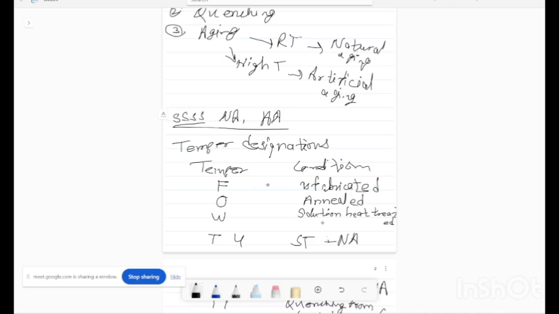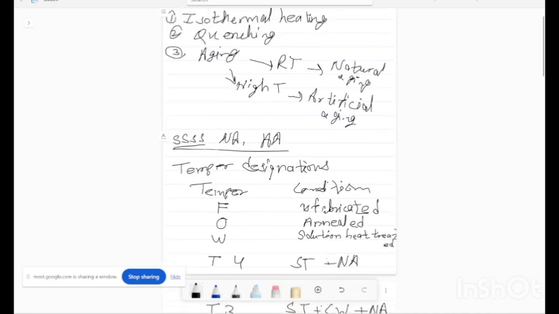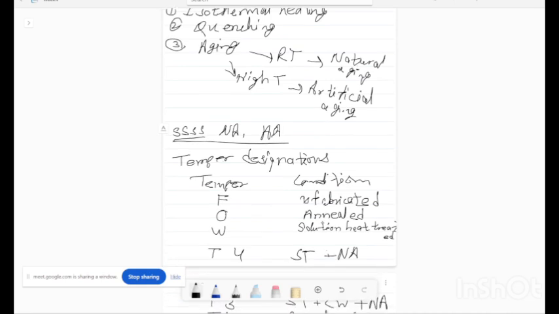In the temper, different alphabets or digits are used to define the material condition.